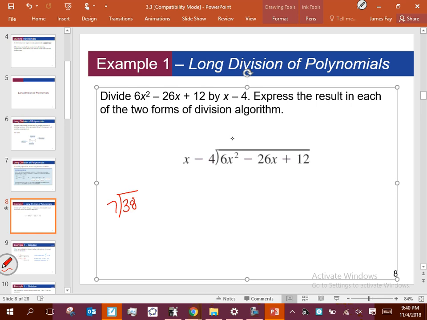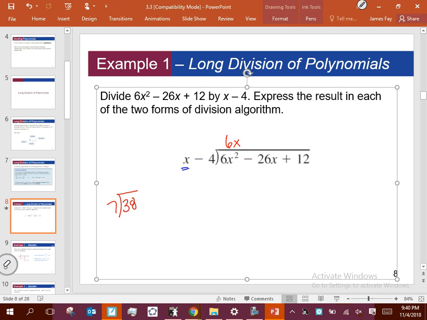So here, if I put a 6 right here and multiply that by this, I'll get 6x minus 24. Well, that's going to line things up here. So I don't want just a 6, I want a 6x right here. The quick cheat is: what can I multiply that term by so that I get that term?